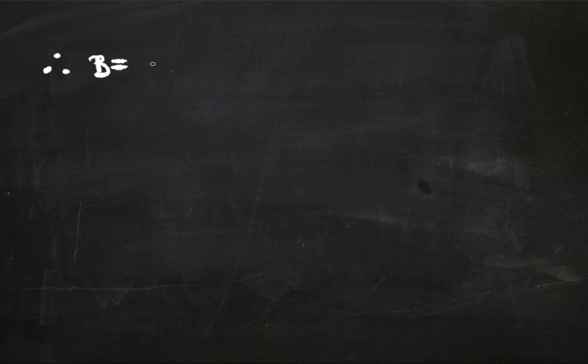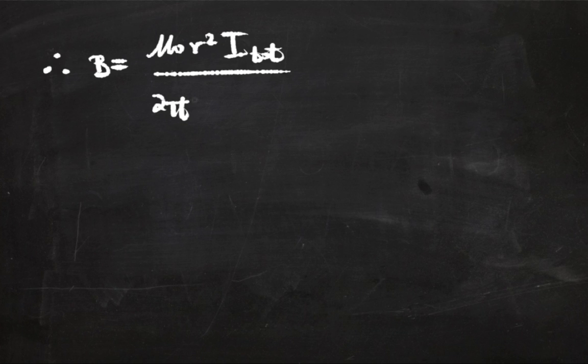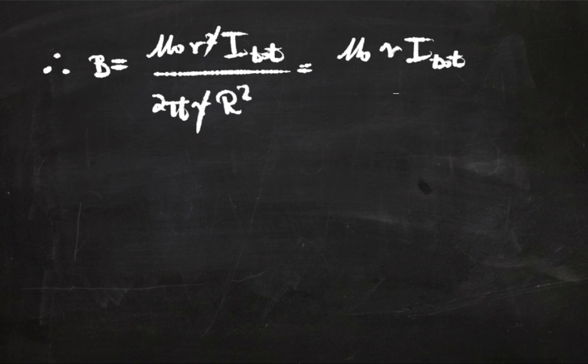This means that the magnitude of the B field is given by mu naught r squared times the total current upon 2 pi r capital R squared. Lowercase r will cancel, and we're left with mu naught r times the total current upon 2 pi capital R squared.